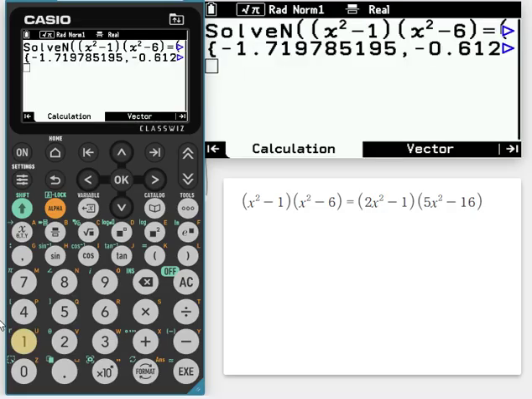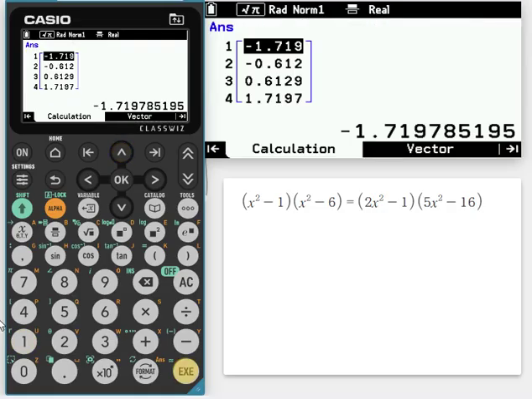And now we will see that we have 4 answers. 2 of them are the ones that were given before, but we have 2 more. So be very careful when using SolveN, especially if you have an equation that contains denominators that can take the value of 0.